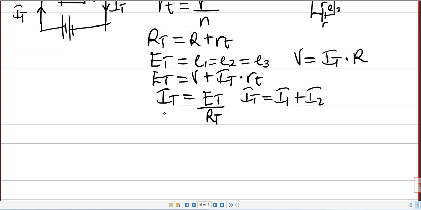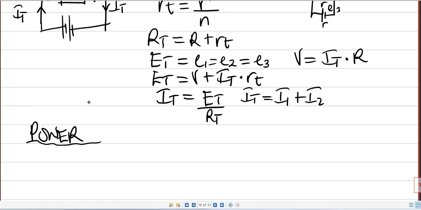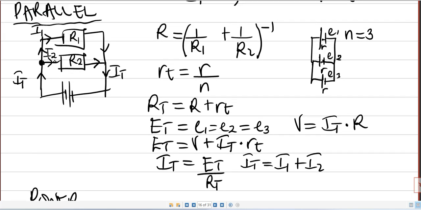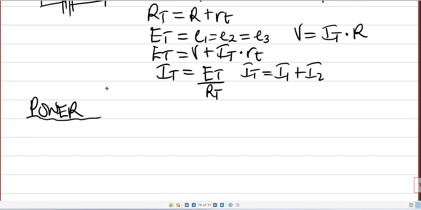What else? Power. Then we have formulas for power. They may require you to calculate power dissipated across any of these resistors, whether connected in series or parallel.